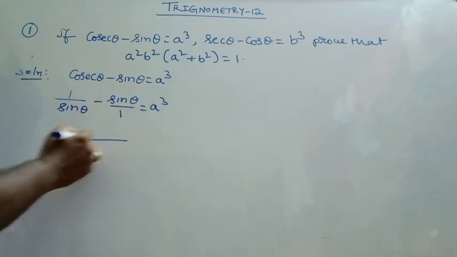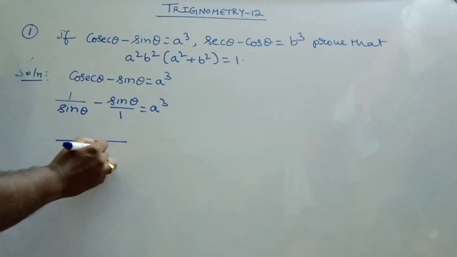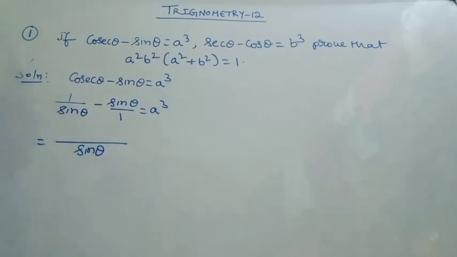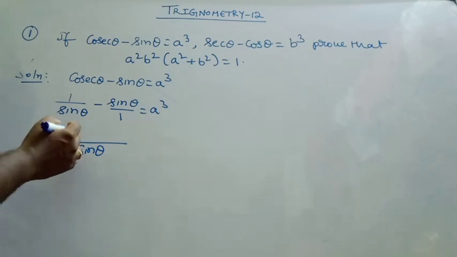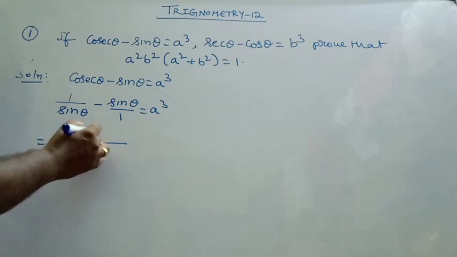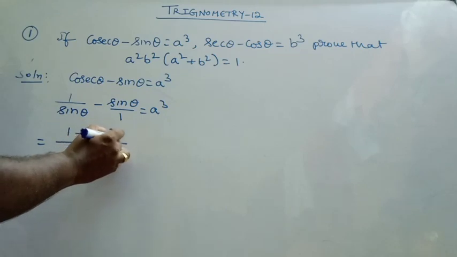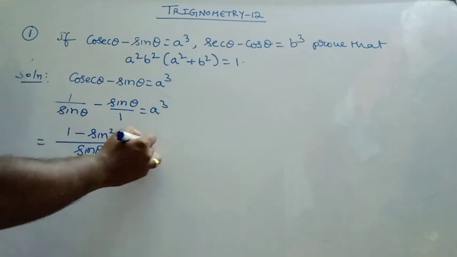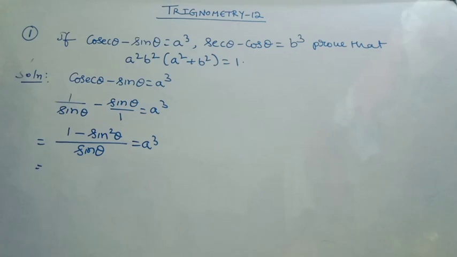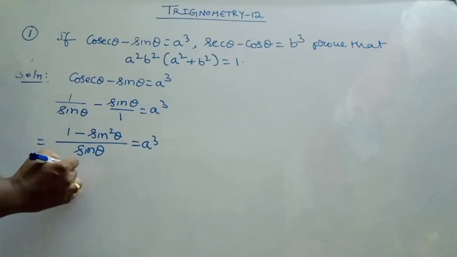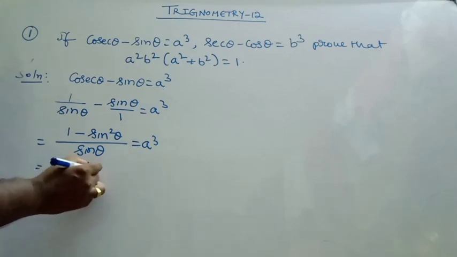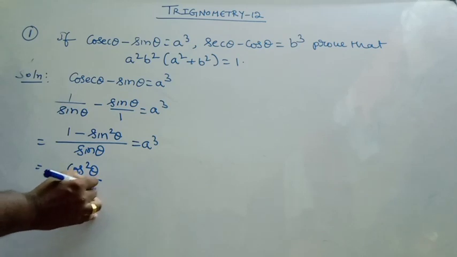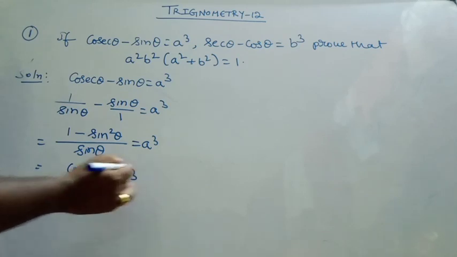If you take LCM, you get 1 minus sin square theta over sin theta, equal to a cube. Now 1 minus sin square theta is nothing but cos square theta. So cos square theta by sin theta is equal to a cube.